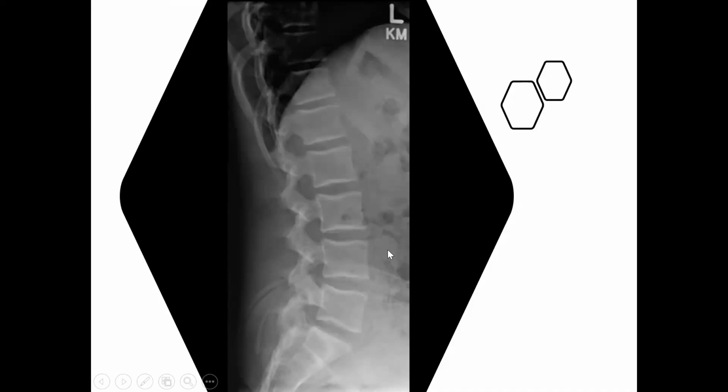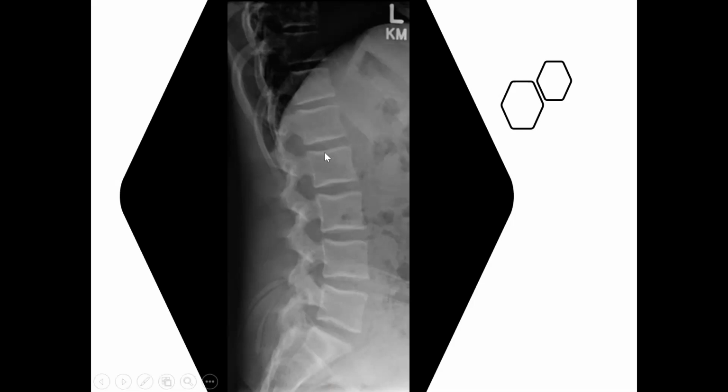Here there is no marking, so what is this? Vertebral body. Very good. I'm just showing you the circle. What is this circle? Transverse process. Very good.